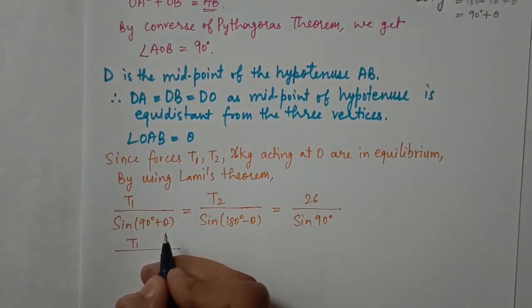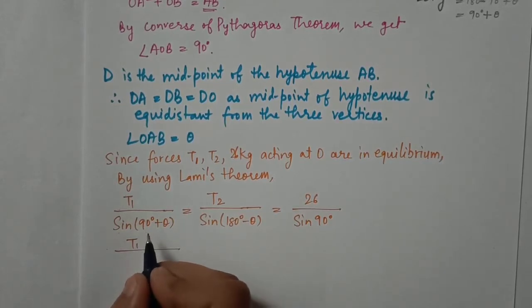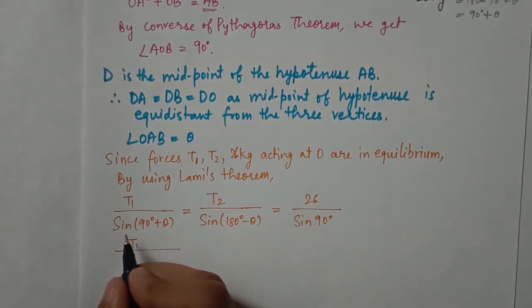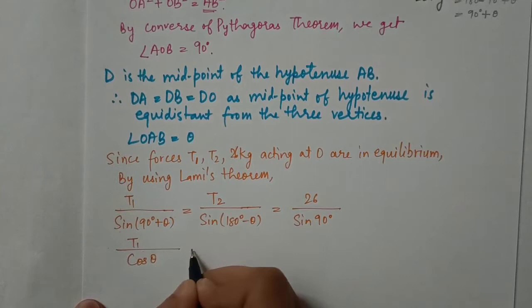So definitely the sign would be positive, and because it is 90 degree, the sine would convert into cos, and the value of this angle would come cos theta.